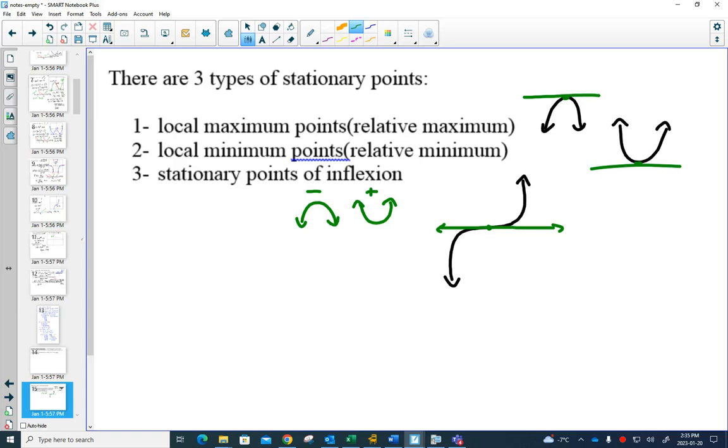As a result, positive happy, negative sad. So can you see that your x cubed graph was bent downwards or concave down, and then after that it changes to being bent upwards. So this will be another thing that's going to help us with our graphing.